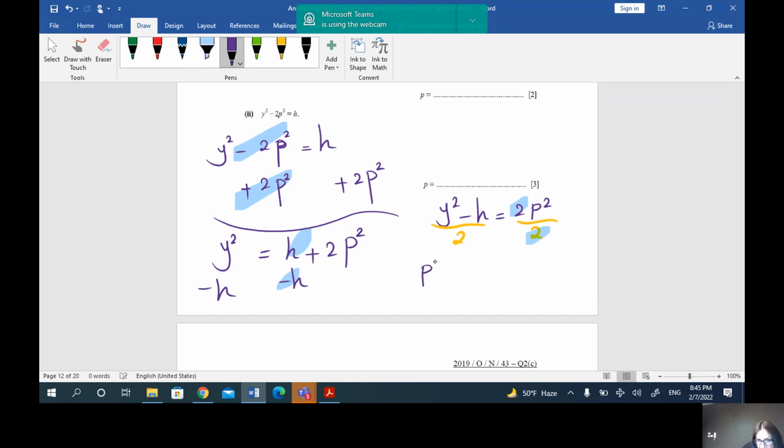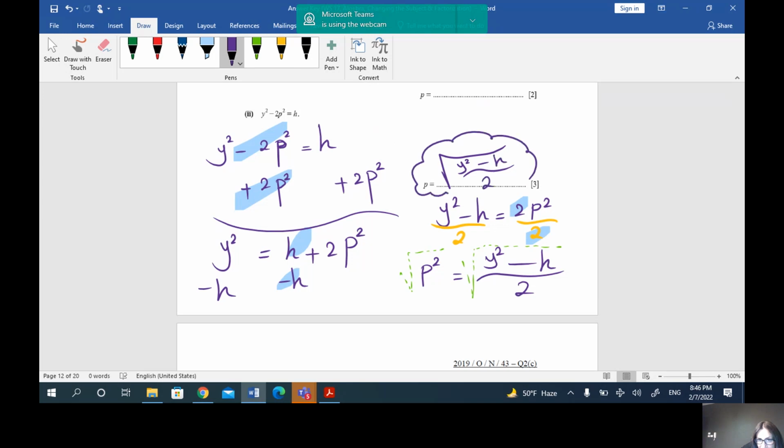So P squared is equal to fraction line Y squared minus H all over 2. But we want P, so we're going to square root each side. So P is equal to square root of Y squared minus H all over 2. And this is the final answer.